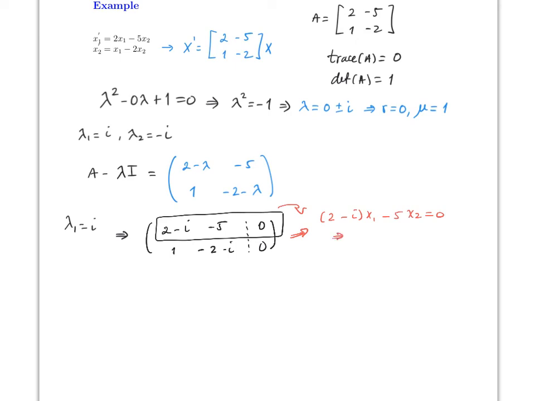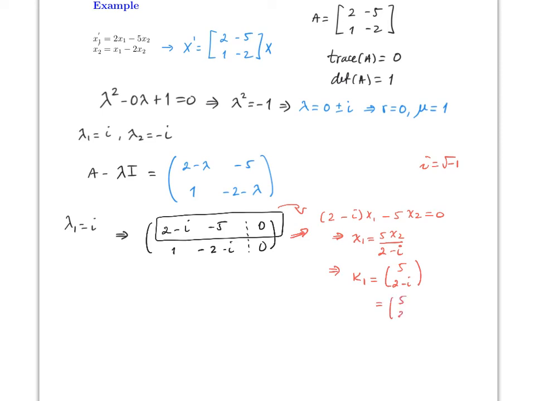If you solve for x1, you end up with x1 equal to 5 x2 divided by 2 minus i. Remember that i is the square root of -1. So from here, the eigenvector, which is actually going to be both of them at the same time, is going to be [5, 2 minus i].